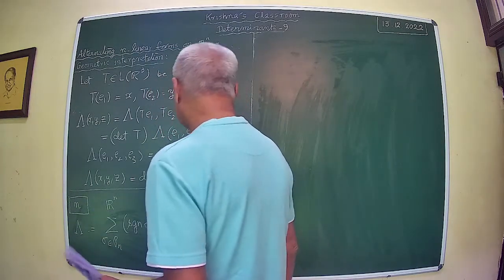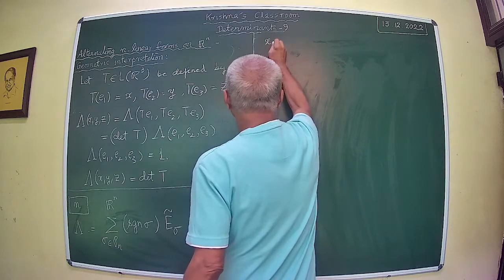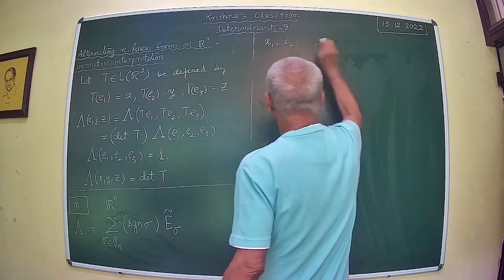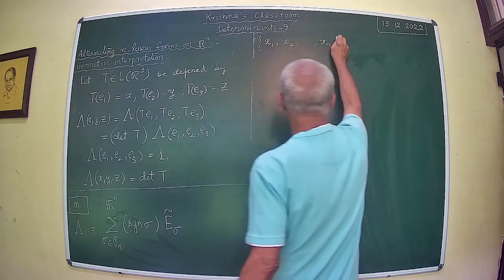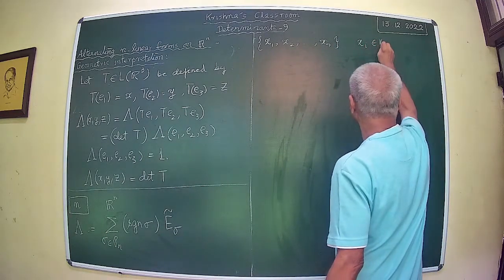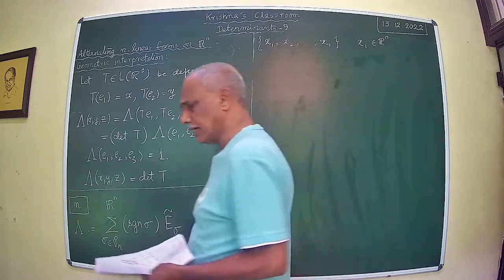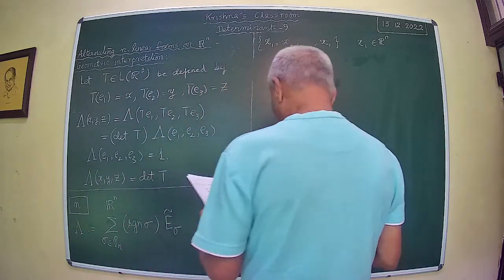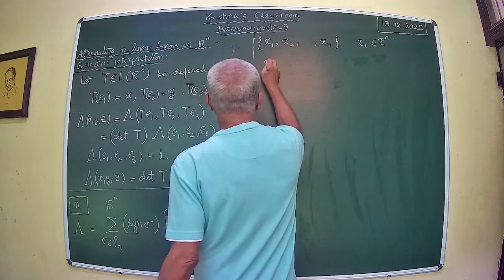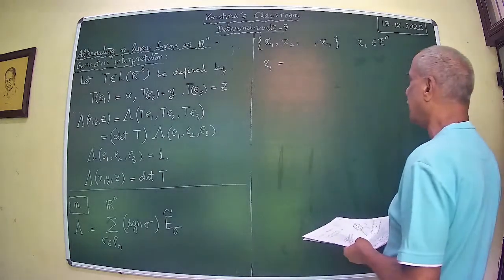Now let us take vectors x1, x2, ..., xn, n vectors, each xi belongs to Rn for i equal to 1 to n. Now you see that each xi can be written as a unique representation in terms of E1, E2, etc., En.